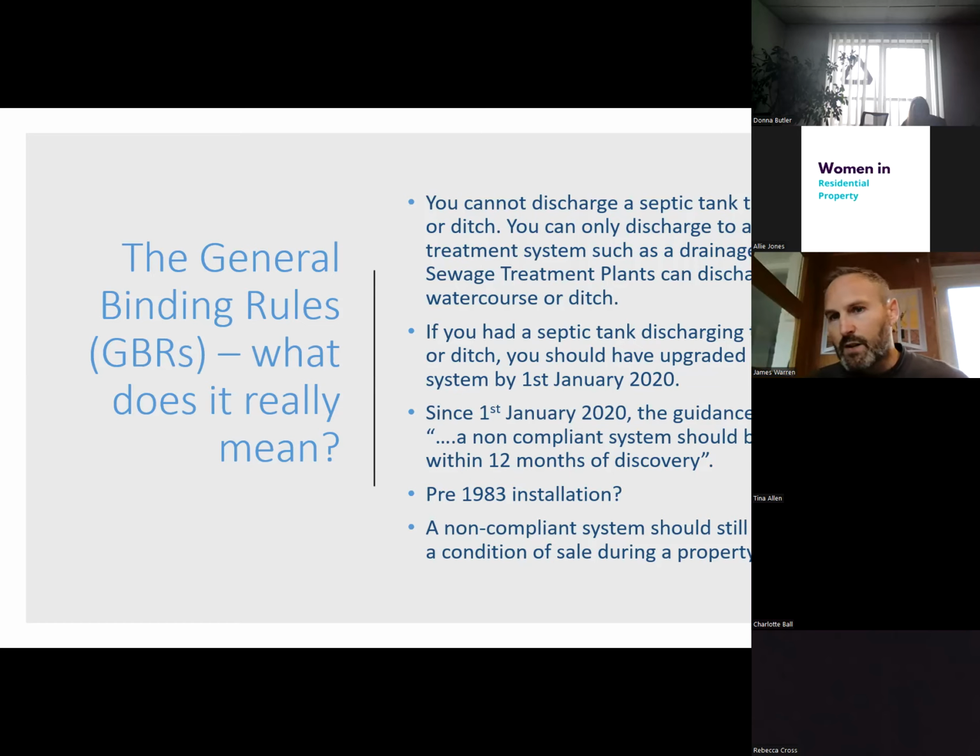If you have an installation that's post 83, but pre 2015, more times than not, we're having to go to the Environment Agency to say, we've got this system, does it need a permit or not? And then we have to wait for a response.